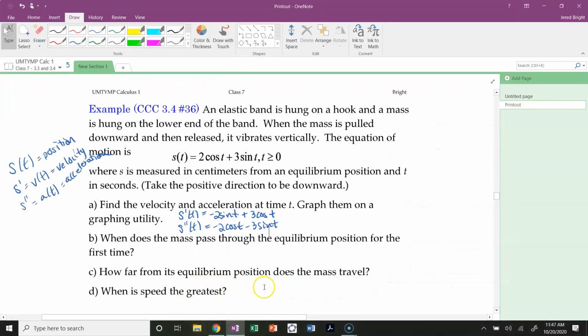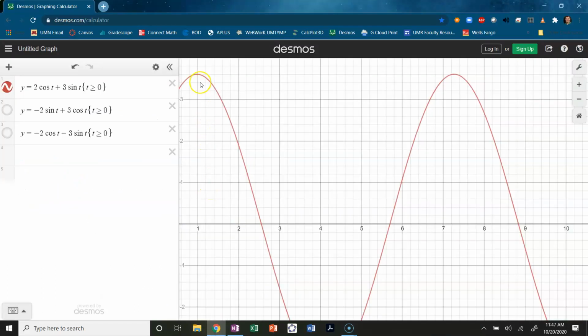How far from equilibrium position does it travel? In essence, what's the amplitude? We could just look at a maximum, and the maximum is about 3.6 centimeters. That's our unit here. And then lastly, when is speed the greatest?